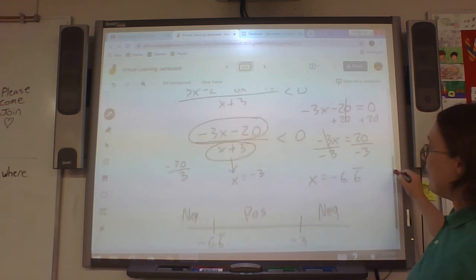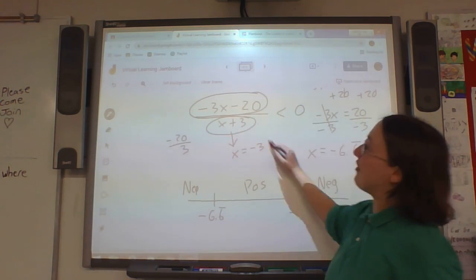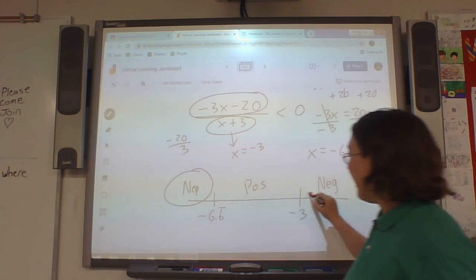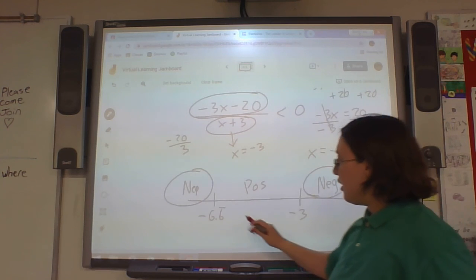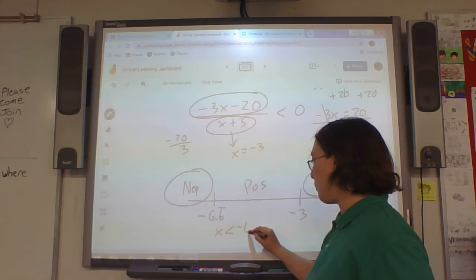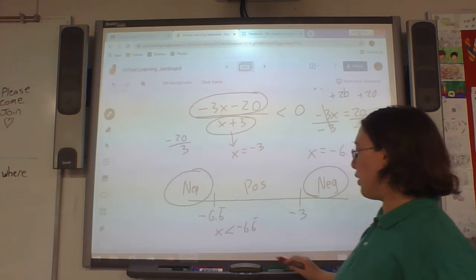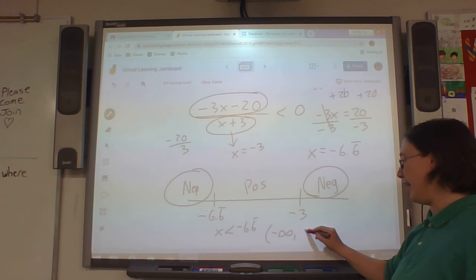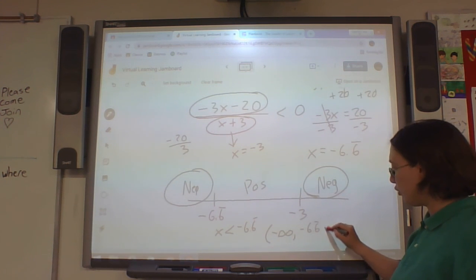Okay, and then we're looking for the sections of our graph where we're less than 0, which is where our graph is negative. So this section over here and this section over here. So this section over here is where x is less than negative 6.6 repeating. Or again, if you want to write that in interval notation, that's negative infinity up to negative 6.6 repeating.